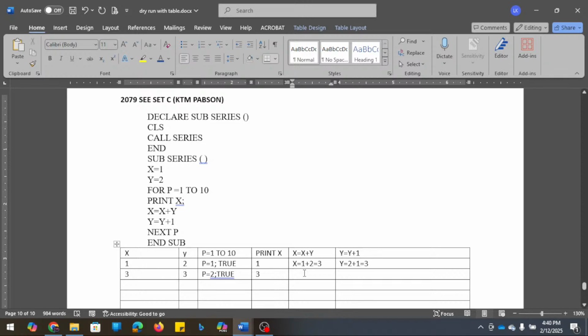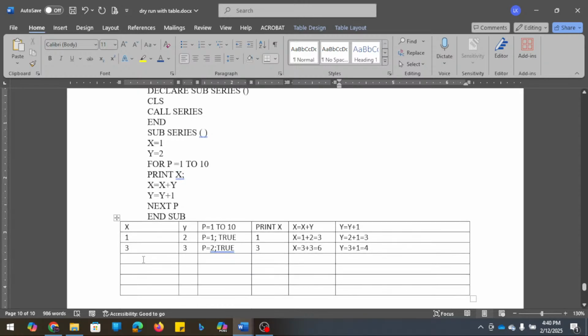Now x equals x plus y. x is 3, so 3 plus y, y is 3, gives 6. Now y equals y plus 1. y is 3, 3 plus 1 gives us 4.